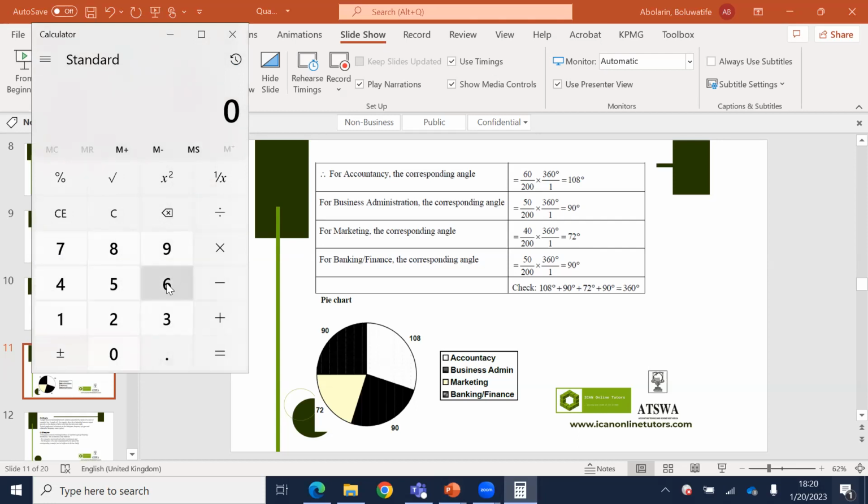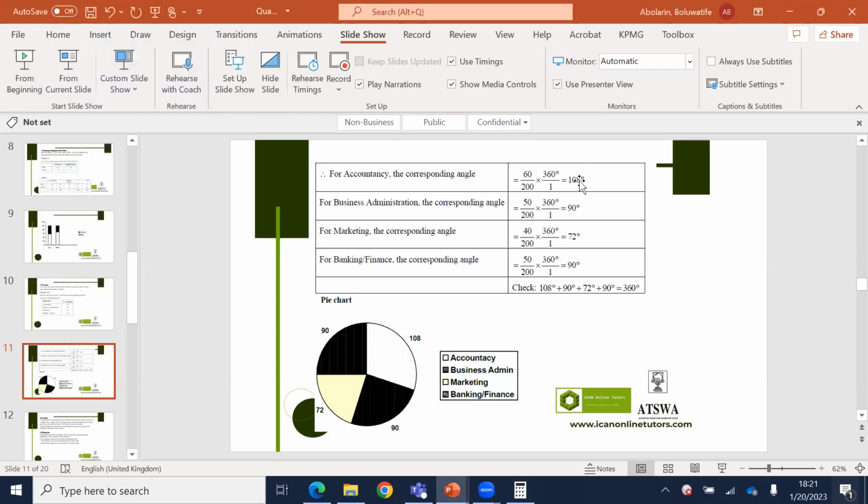Yes, it started working. 108 exactly. So that is 108 degrees. Don't forget to put degree. I'm sure you know what degree is. Degree is this zero that is on top.